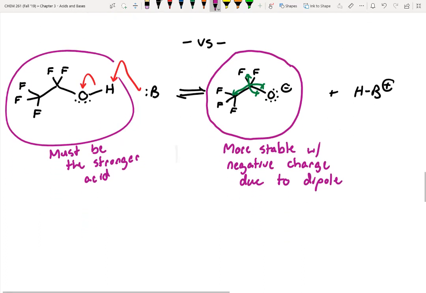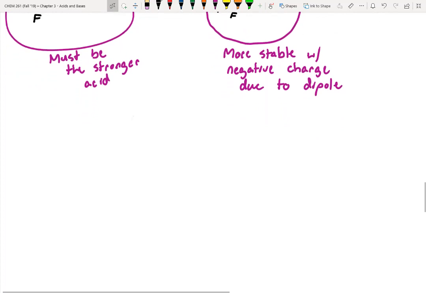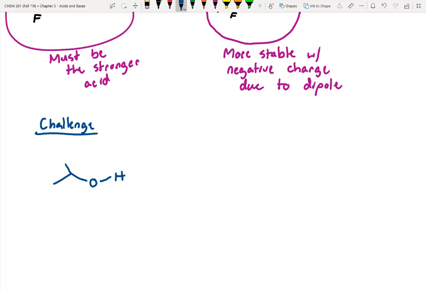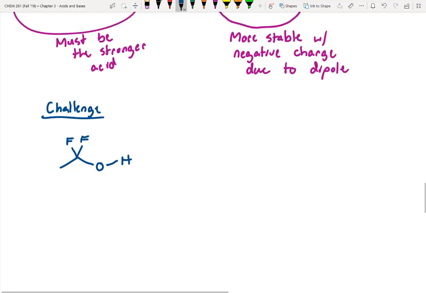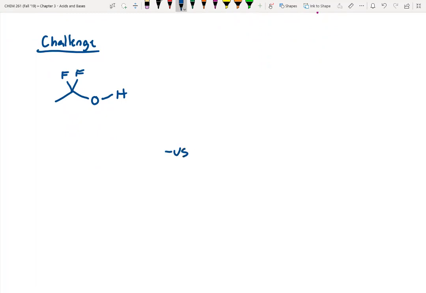All right, I've got another one I want you to consider along the same lines. All right, let's consider the following. So both of these have 2 fluorine atoms on them, and they can both react with the base. So I'll just go ahead and show the arrows. You're welcome to include the arrows if you want.